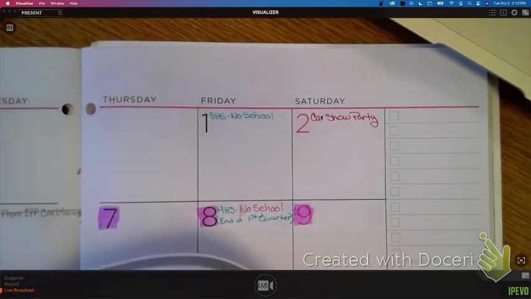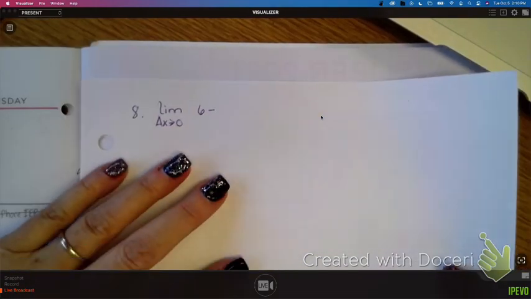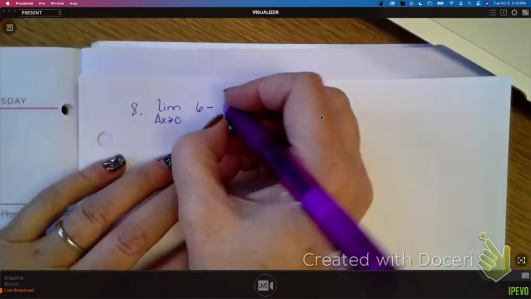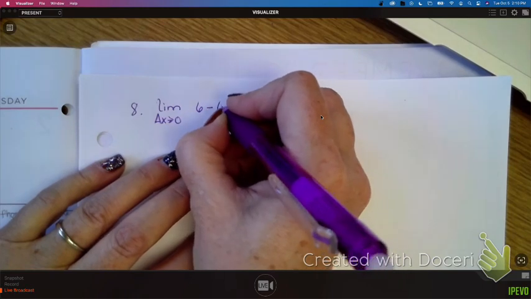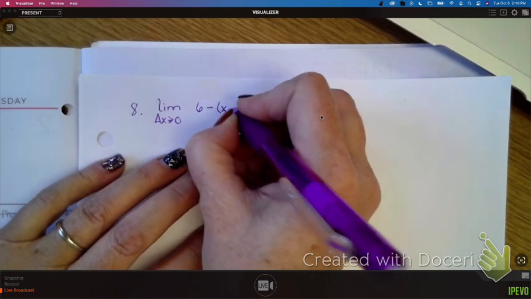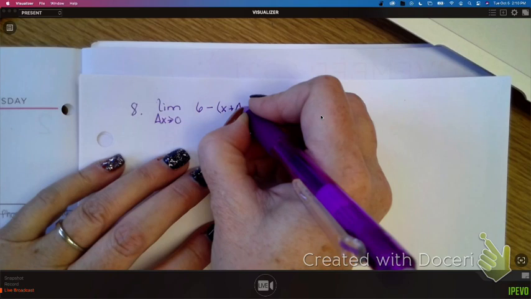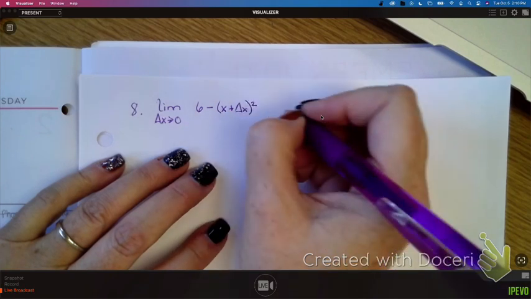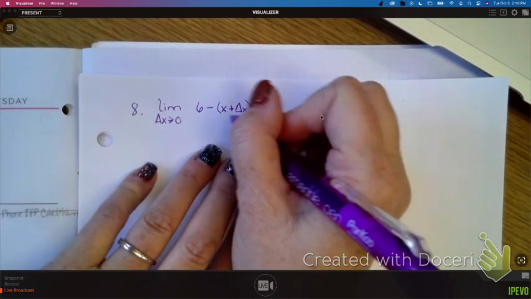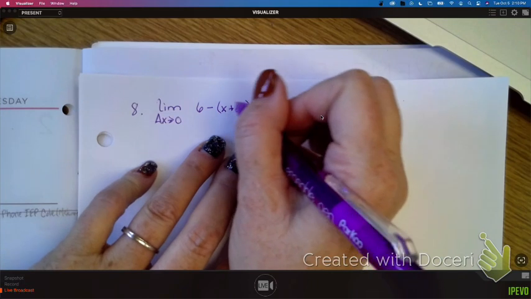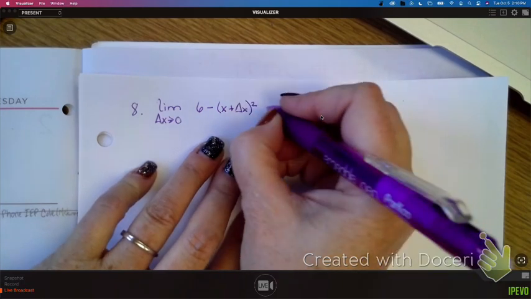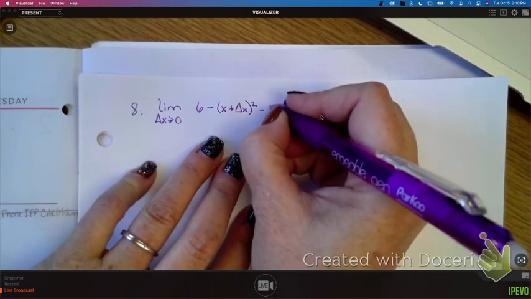Oh, yes. Okay, so Gentry, you just need to plug in, right? So you don't change anything? You just plug this in for x. Why is that so confusing? It confuses me too.